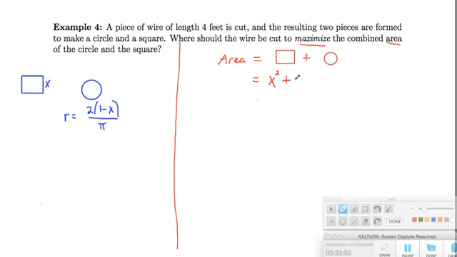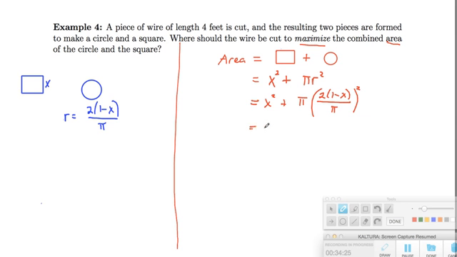So remember that the formula for the area of a circle is pi r squared, right? Well, from here, we don't want to do an optimization problem with two variables if we don't have to. So this is x squared plus pi. Remember, pi is just a constant. But the radius is 2 times (1 minus x) over pi. This all gets squared because of the formula pi r squared.